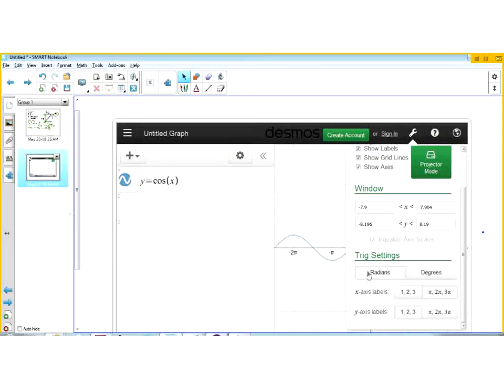Right here you have a choice for the window setting of radians and degrees, just like on your calculator. If you check degrees, you get this flat line, which is no use to you. Make sure that you check radians so that the numbers on the x-axis are interpreted as terminal numbers, and then the outputs are interpreted as the cosine of a terminal number expressed in radians. And you'll need to configure your calculators that way as well.